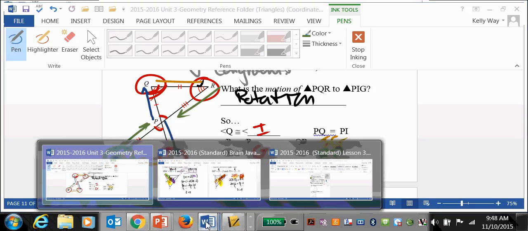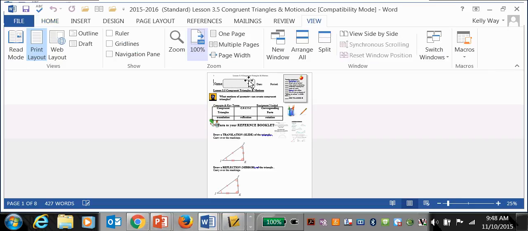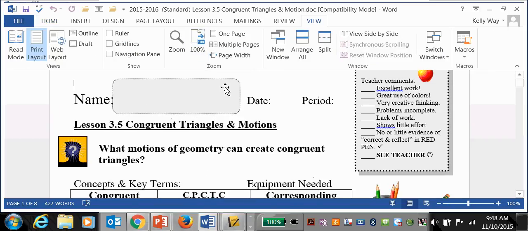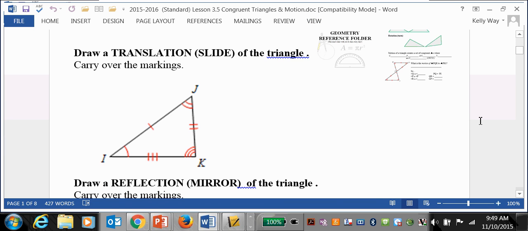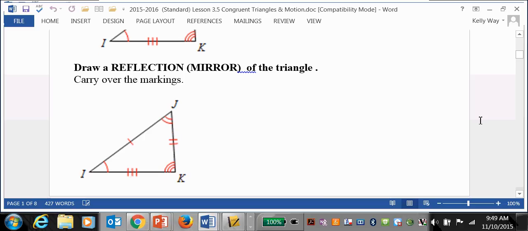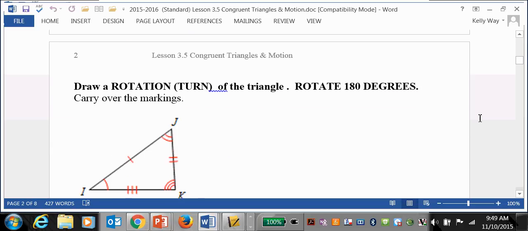So go to the front of today's lesson. The first thing I'd like you to do is take this triangle and draw a translation of it. You don't need to carry over the letters, but you need to mark it. Then I want you to draw a reflection. Then I want you to do a rotation. Notice I want you to rotate that 180 degrees.